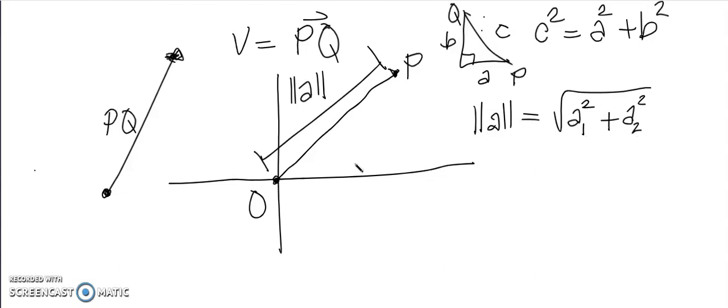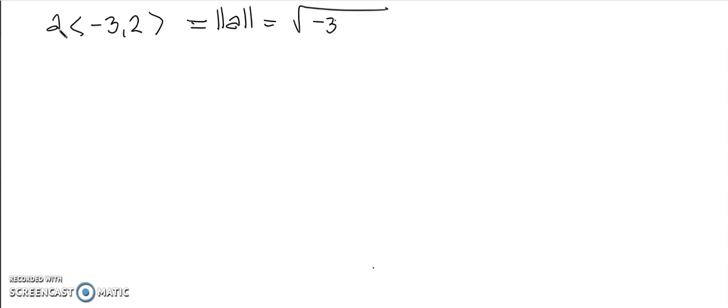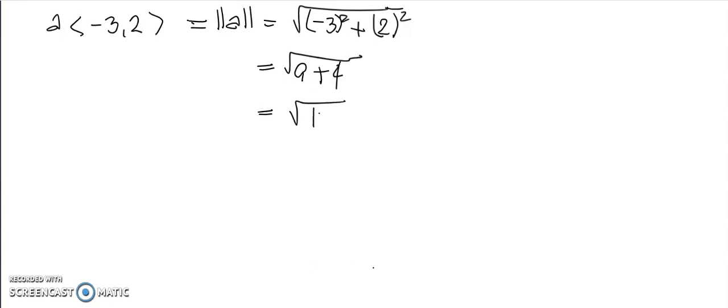For example, A is negative 3 and 2. To find the magnitude of A, the magnitude of A is equal to the square root of negative 3 squared plus 2 squared. So we have 9 plus 4. Therefore the magnitude of A is equal to the square root of 13.